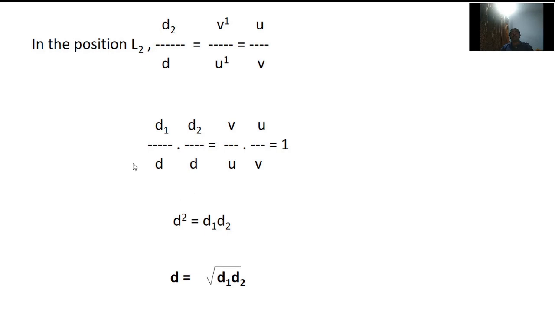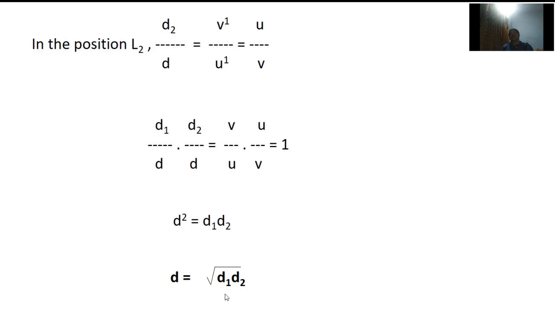When we multiply the two equations, d1 by d into d2 by d is equal to v by u into u by v. So here v and u get cancelled. Then d1 d2 is equal to d square, or d square is equal to d1 d2, or d is equal to root of d1 d2.